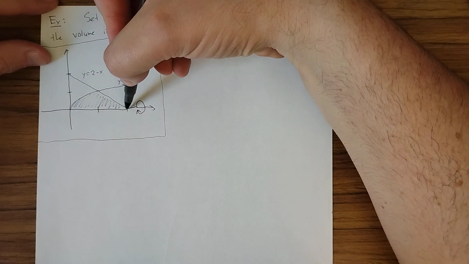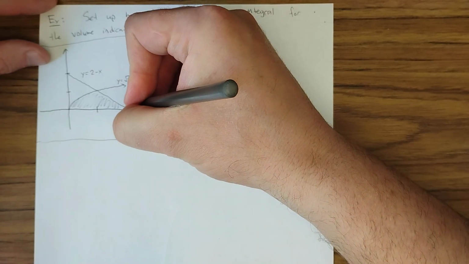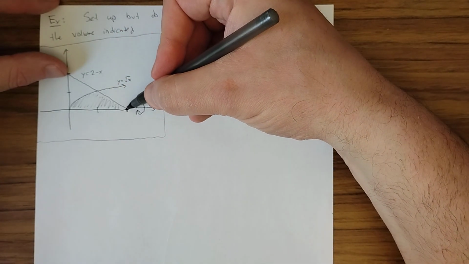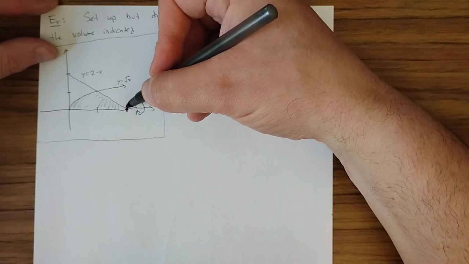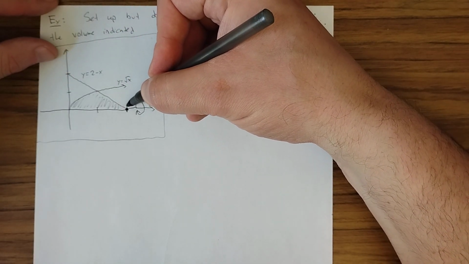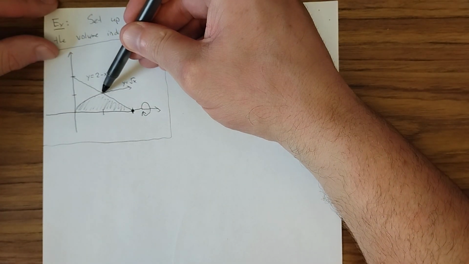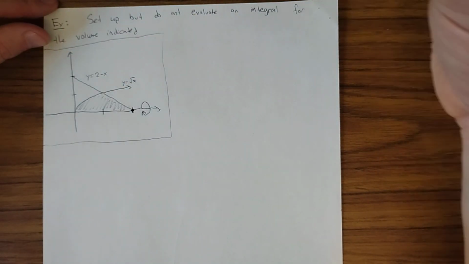This is the line y equals 2 minus x, so it's clear enough that this hits the x-axis when x equals 2, like when x equals 2, y equals 0. So I trust that the x-coordinate here is 2. What I'm not so trusting of is the coordinates of this point. So let's solve an equation to get it.